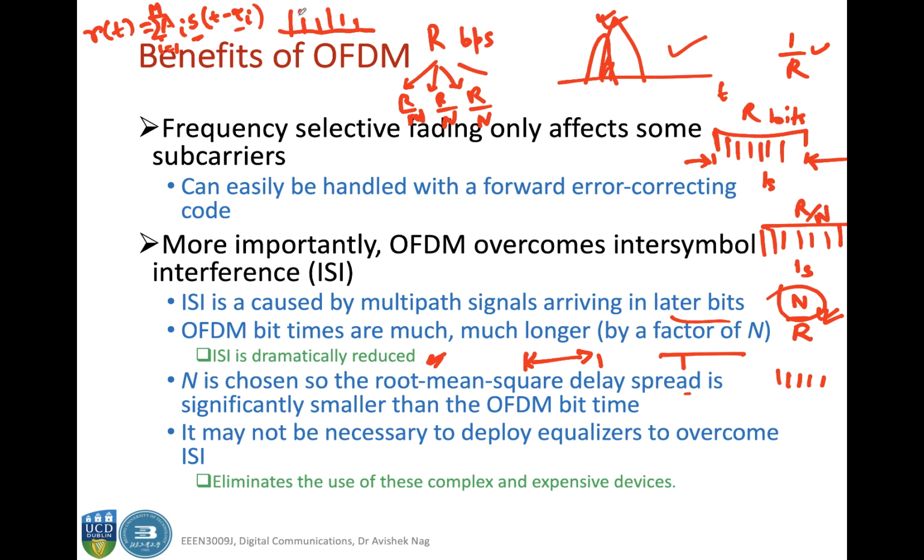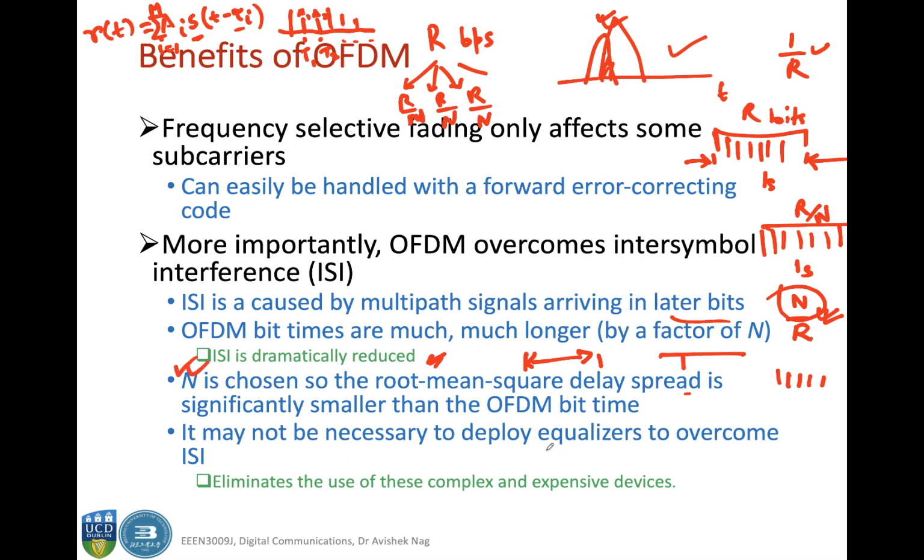These are your different a_i, so a_1, a_2, and so on, and these time delays are the different delays, tau_1, tau_2, etc. If you take the root mean square of this delay spread, then n is chosen so that the root mean square delay spread is significantly smaller than the OFDM bit time, and it may not be necessary to deploy equalizers to overcome ISI if you do this.